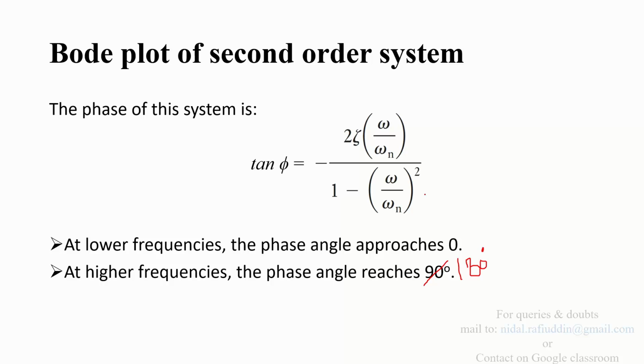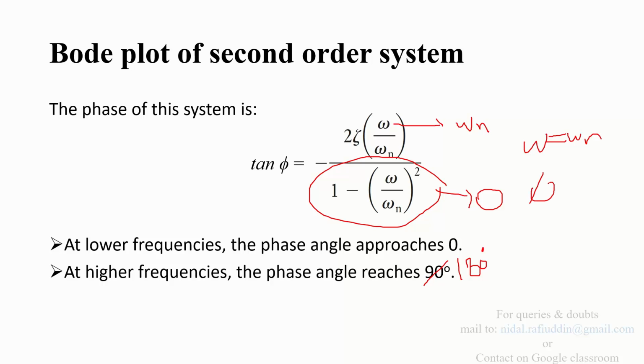This can be easily verified if you substitute omega equal to omega n. Then you get 2 zeta into 1 divided by 1 minus 1, and you get this whole expression as 0 when omega is equal to omega n. Thus tan phi turns infinity, which means phi will be equal to minus 90 degrees.